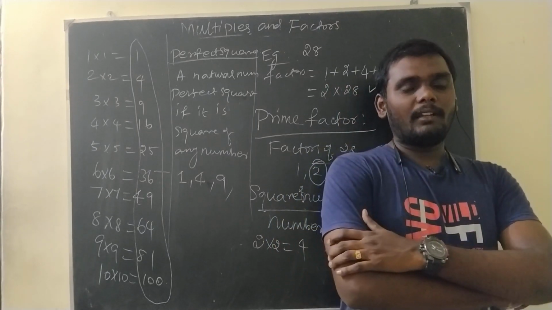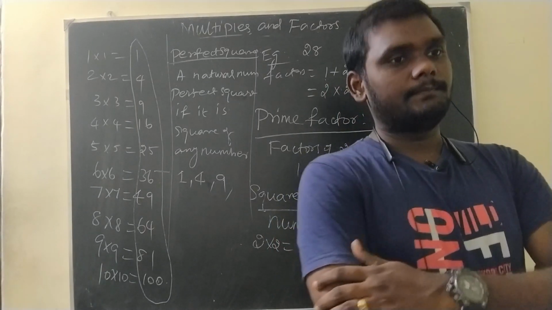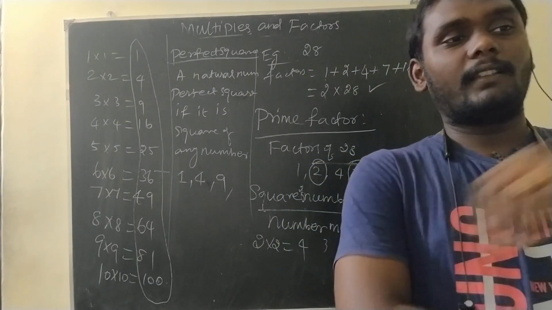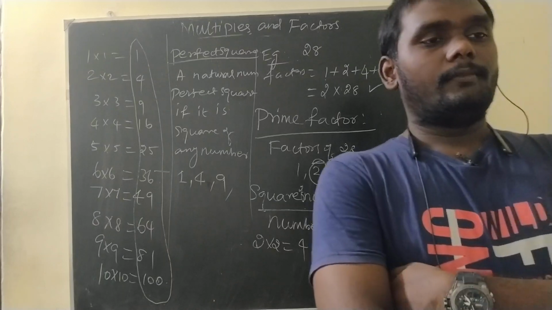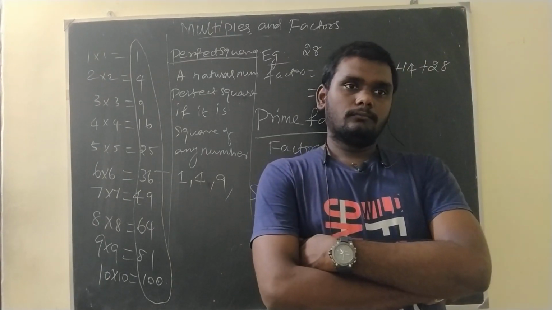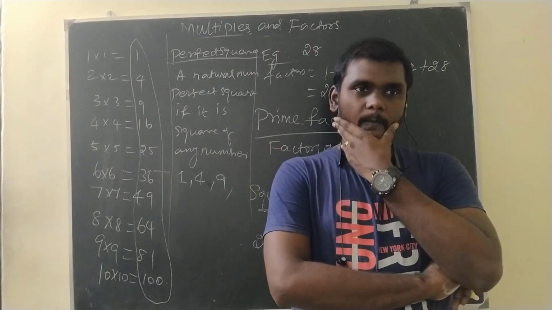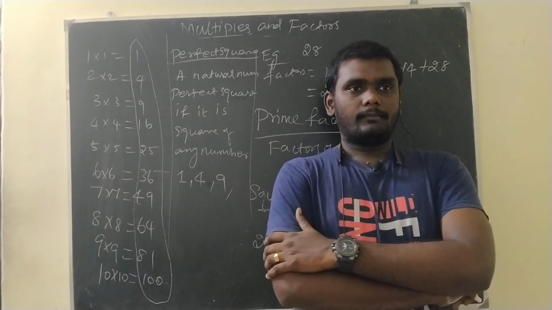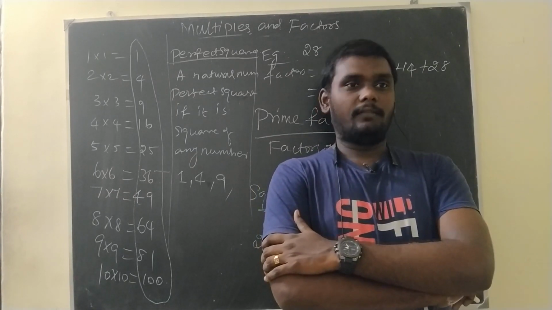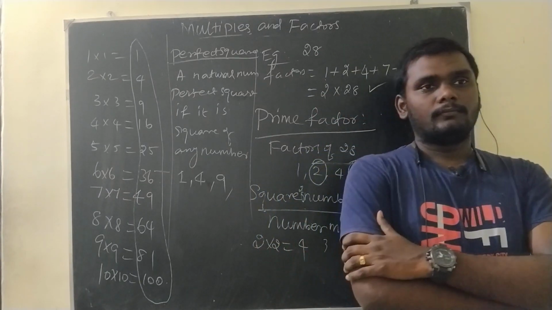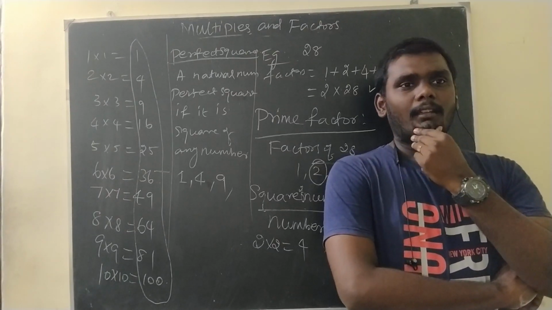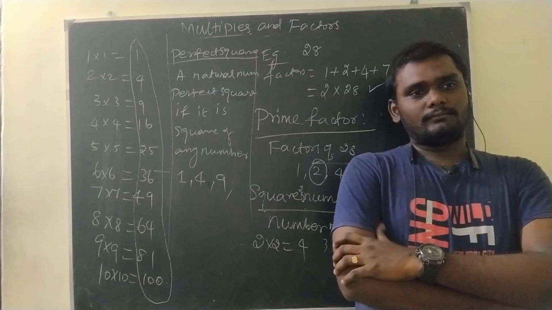Okay. The smallest multiple of a number is what? The number itself. Okay. When you add all the factors of a number, it comes to twice the number.